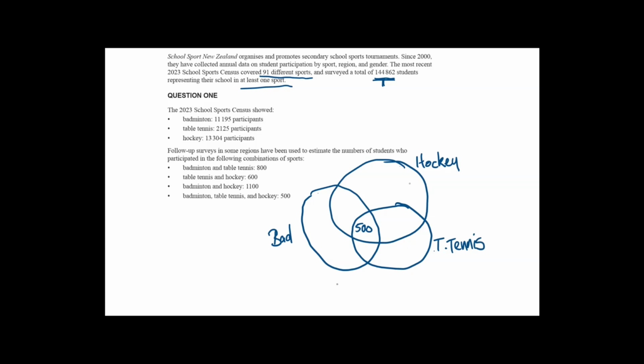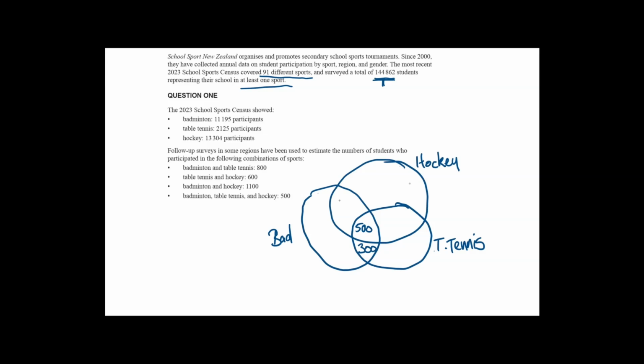So badminton and table tennis is 800. I'm going to presume they mean badminton and table tennis, ignoring hockey, which means that there must be 300 who play badminton and table tennis only. And then badminton and hockey is 1100.